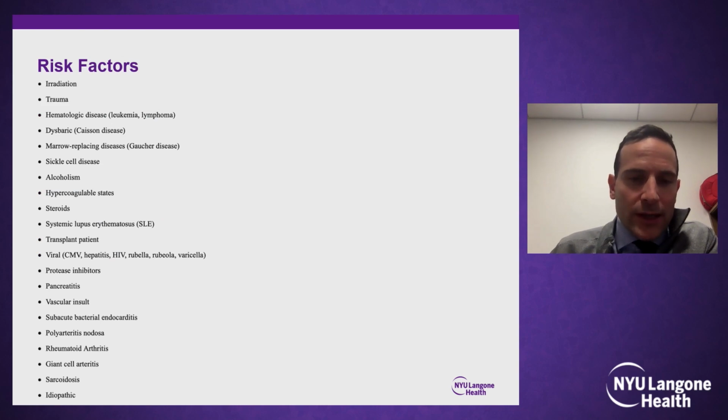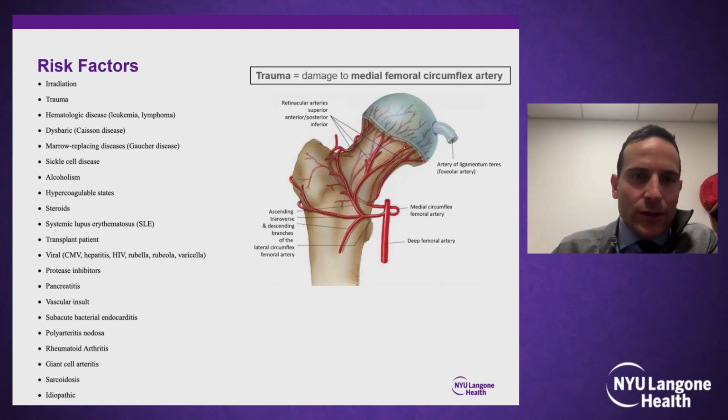So there's a series of risk factors. And if you think back to medical school or residency, there's probably some mnemonic that you remembered for this. But primarily, they can all be divided into either trauma, and in that case, it's typically vascular injuries, damage to the medial femoral circumflex artery.